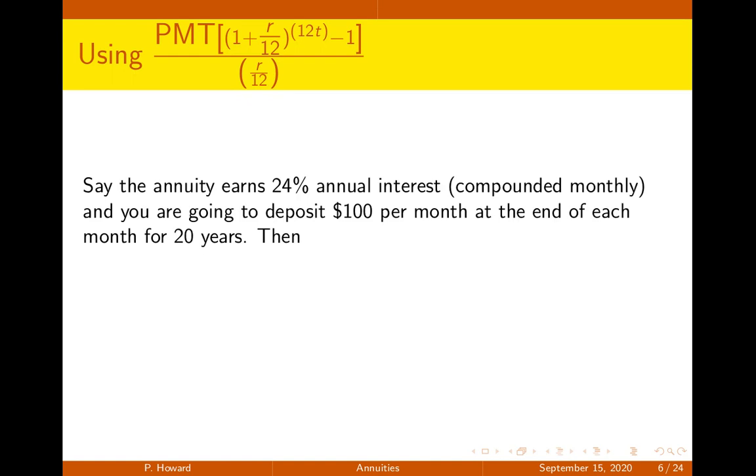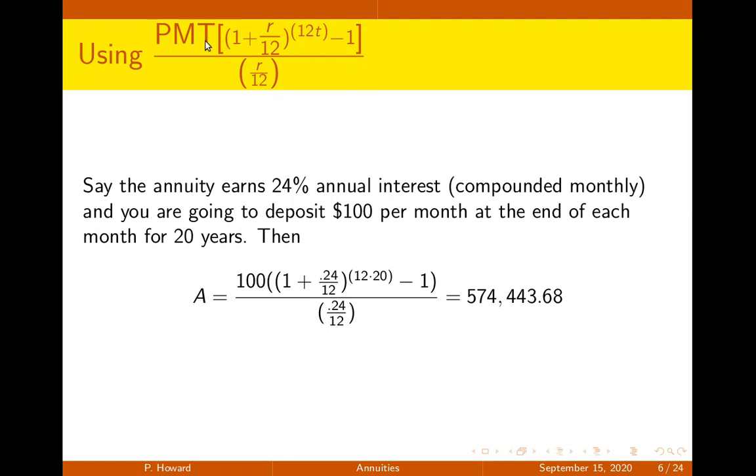Let's go back to our example and calculate the ending amount. We had an annuity that earned 24% annual interest, compounded monthly. We're going to deposit $100 a month at the end of each month for 20 years. We can calculate the ending amount by plugging into this formula that's here at the top of the slide.